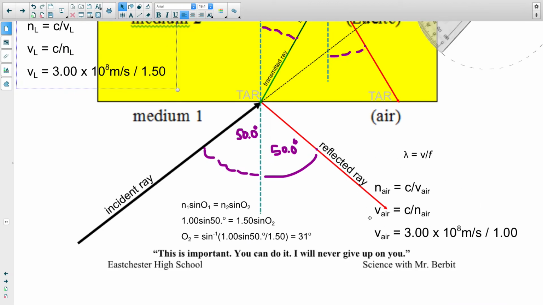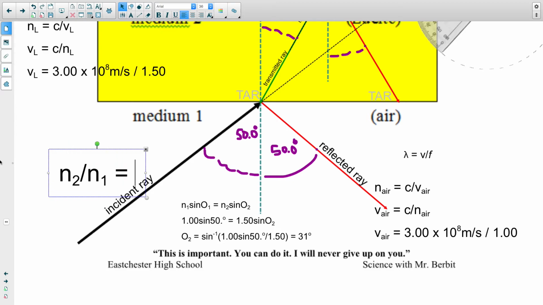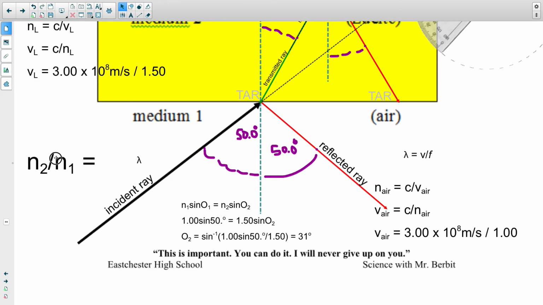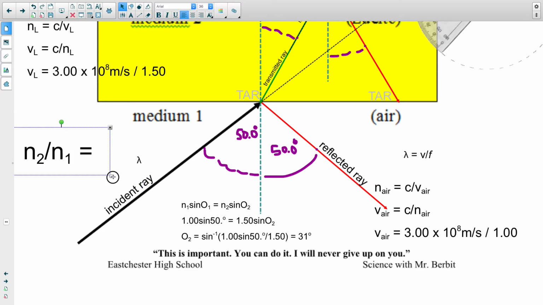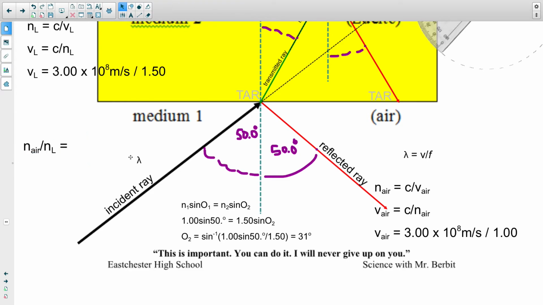So that's one way to go about this. If you knew the speed in air, we had that equation you just saw, n2 is to n1 as, I don't want to write the wavelength symbol again. One way you can go about this is something like this. Once you find the wavelength in air, instead of 2 and 1, why don't we make it air and lucite is to, and notice the indices actually switch.